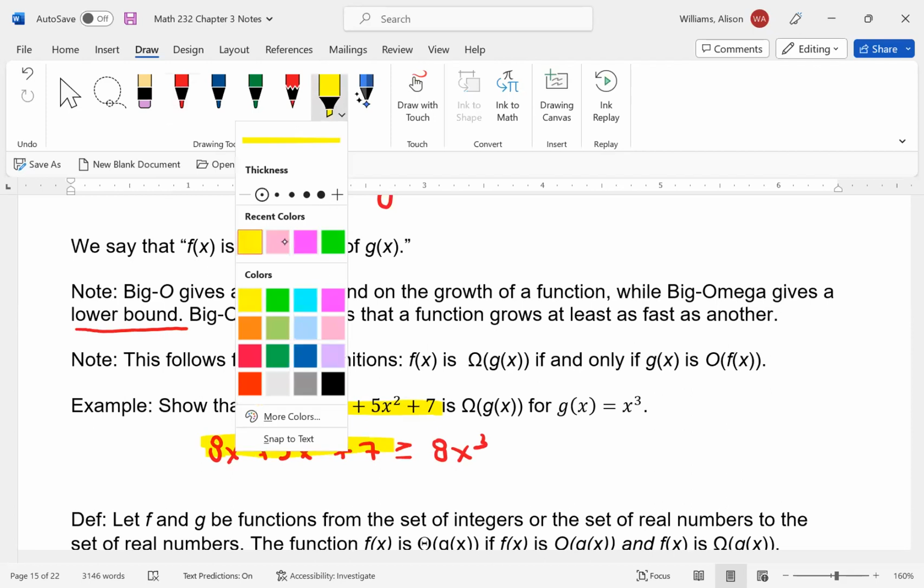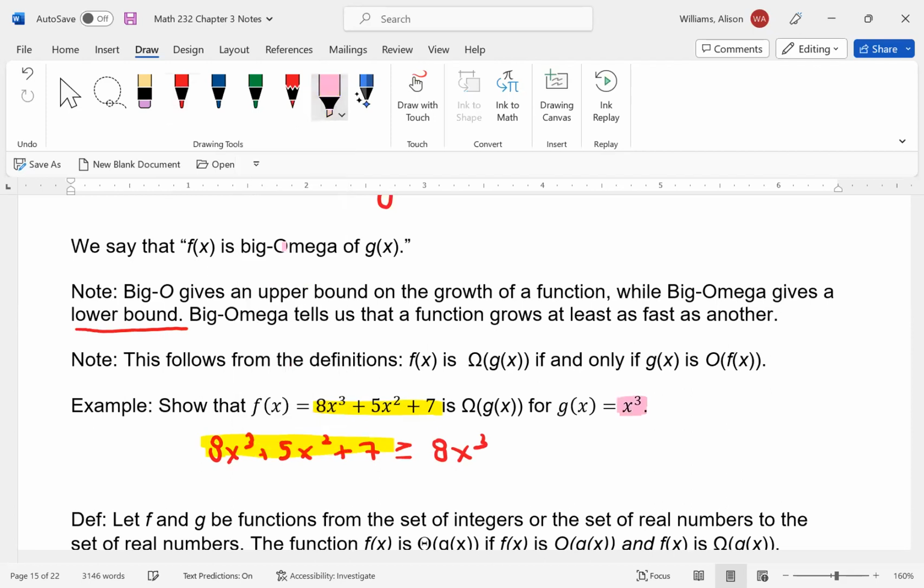And then there's our c right here. That's c. And this is always bigger than or equal to 8x cubed because these numbers are always positive. So I'm taking a number, which could have some negatives, and then I'm adding positive numbers to it. So the left-hand side is always going to be bigger than the right-hand side, always.